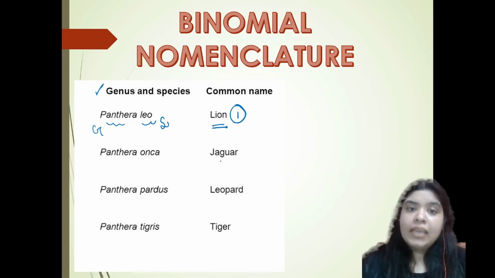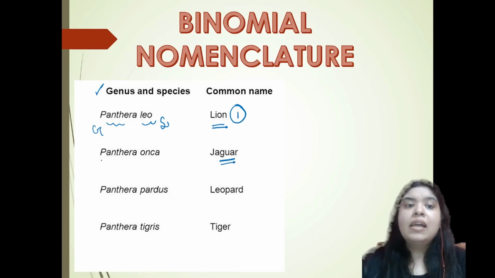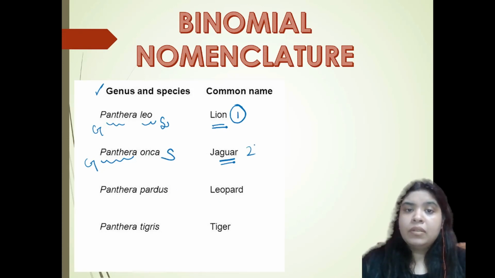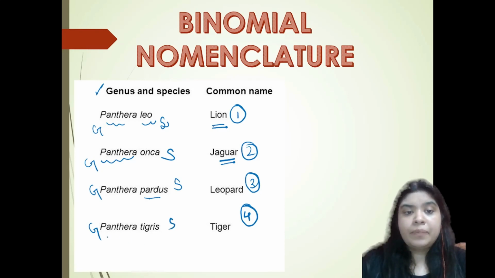Similarly, jaguar belongs to the same genus, Panthera, but the species here is different. This is onca. If we talk about leopard, which is the third one, here again the genus remains Panthera, but the species has changed to pardus. And if I talk about tiger, the genus is again Panthera, but the species is tigris.